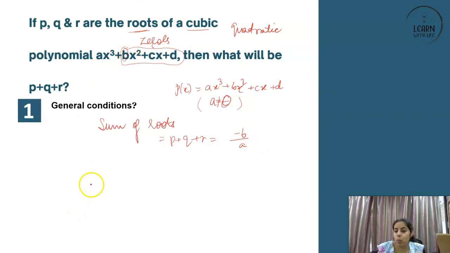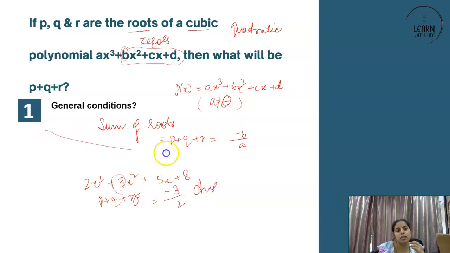For example, had the question been 2x cube plus 3x square plus 5x plus 8, and I had asked you what is p plus q plus r, assuming p, q, r are the three roots, you would have directly told me without even calculating the roots that it is nothing but minus b by a, minus 3 by 2. That is the answer. Got it?